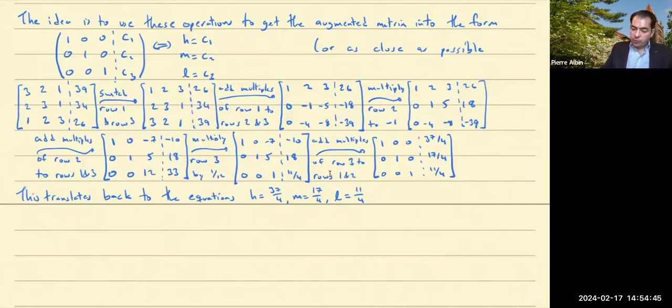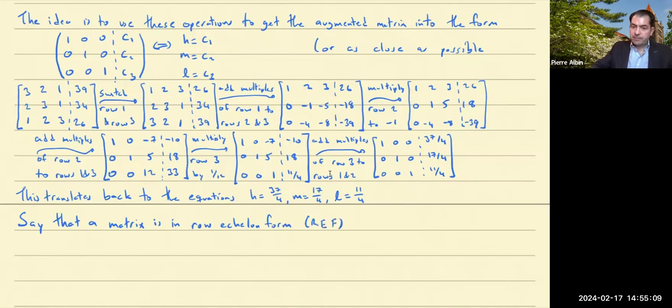Okay, so let's name what these matrix forms are called. So let's say that a matrix is in row echelon form, right?